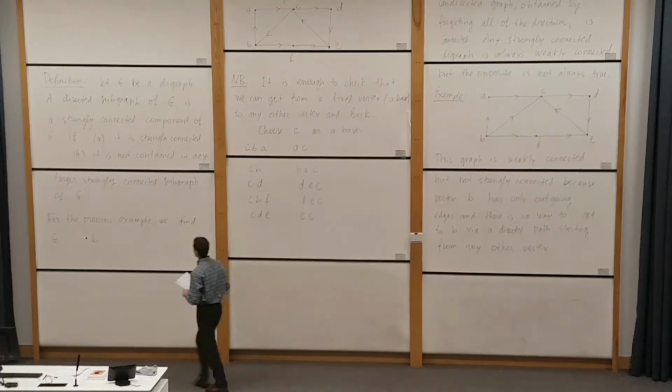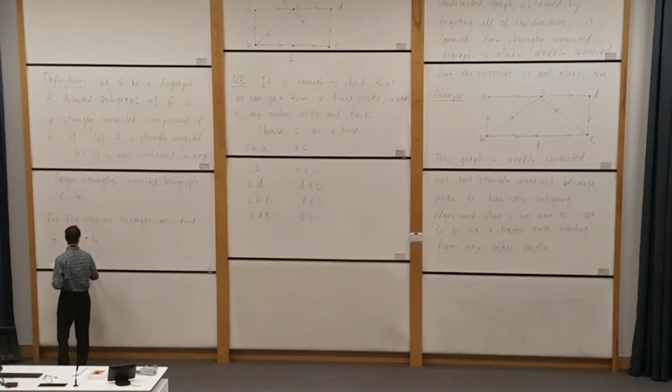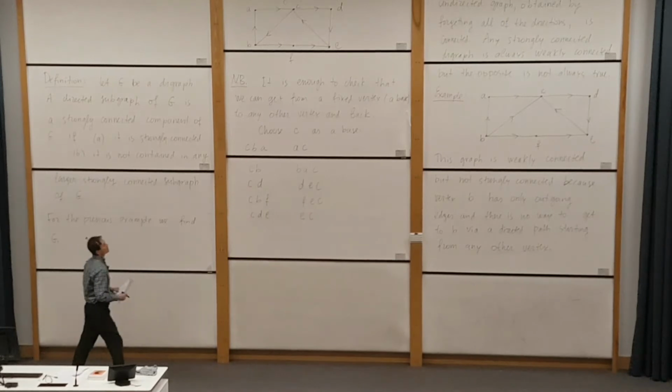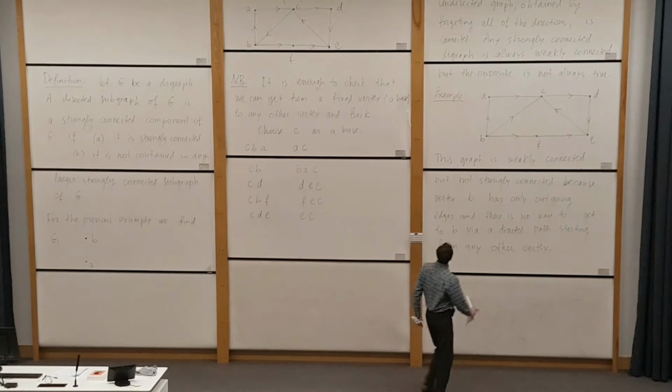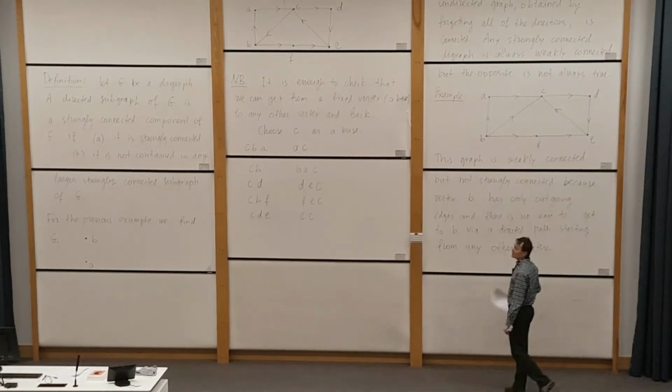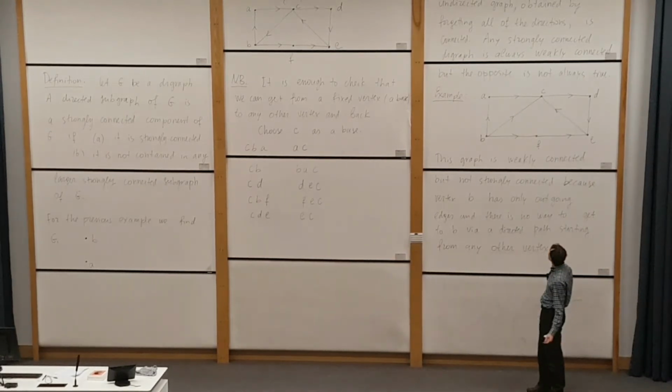Well, let's start with A, right? And I immediately noticed that the only way to arrive at A is from vertex B. But there is no way to arrive at vertex B because it's a source.